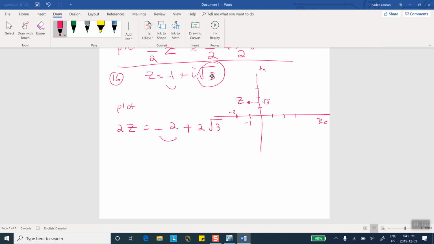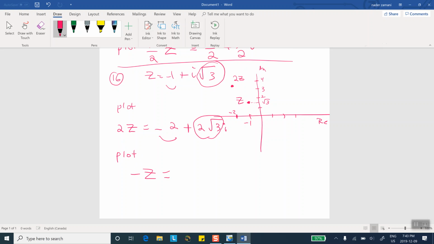You multiply it by 2, so -2 plus this, and this is approximately 3.4, so you go -2 there, 3.4 up. If this is a 4, and this is a 2, and there is your 3, 3.4 is roughly here. So there is your 2z, okay?